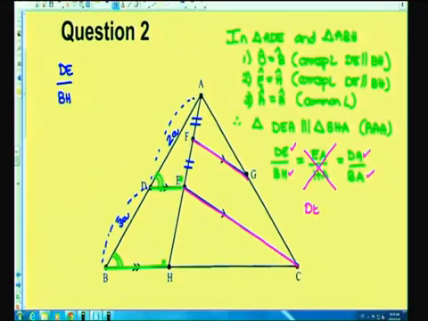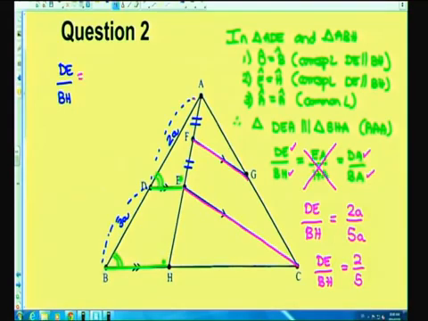So I'd take the three, tick what I needed, and then isolate them. I want DE over BH. And DA, we said, was 2A. And BA is this entire length, so it's going to be 5A. So we have DE over BH is 2 over 5, because the A's will cancel out.